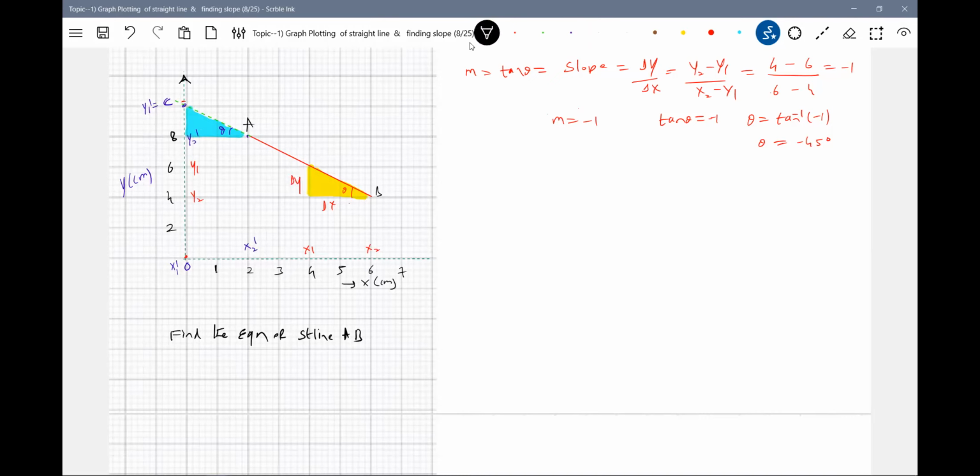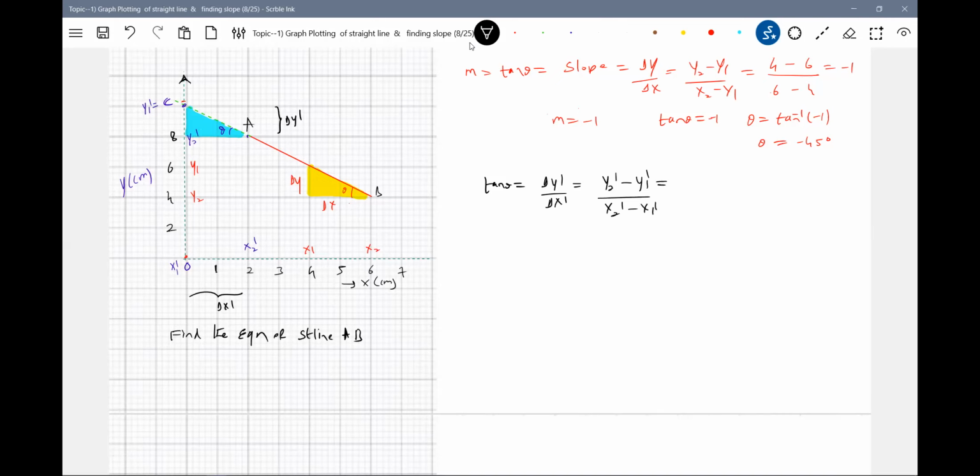Looking at that triangle, this distance will be delta y dash, tan theta equal to delta y dash by delta x dash. This is delta x dash. This distance is delta y dash. So delta y dash means y2 dash minus y1 dash, over x2 dash minus x1 dash.